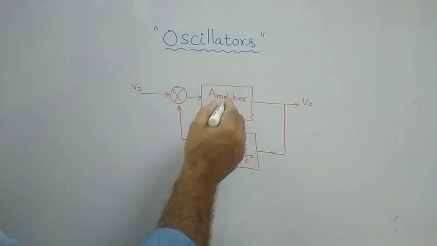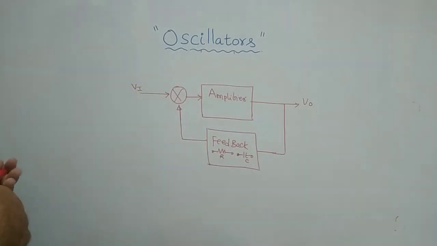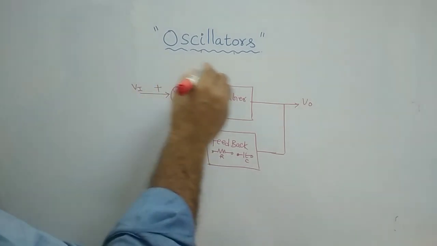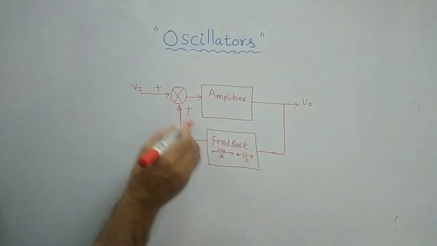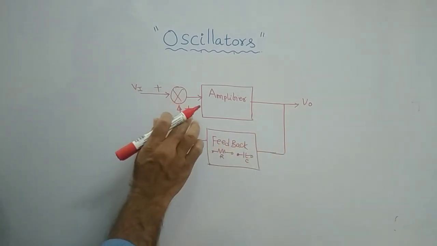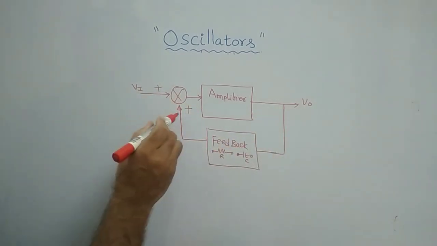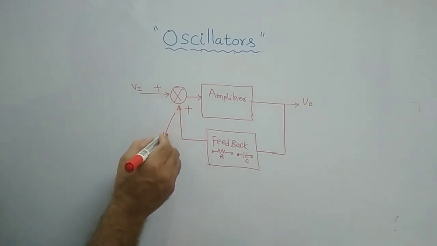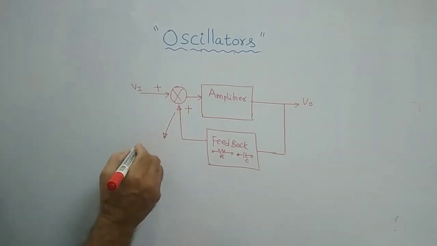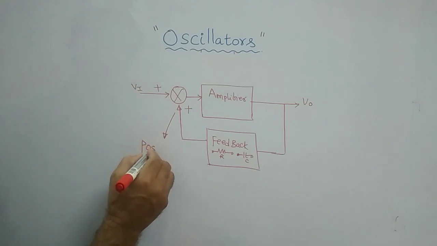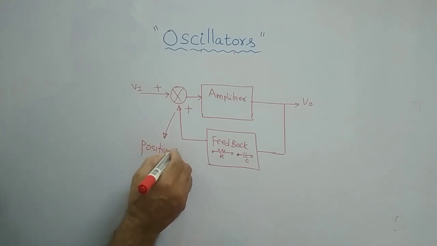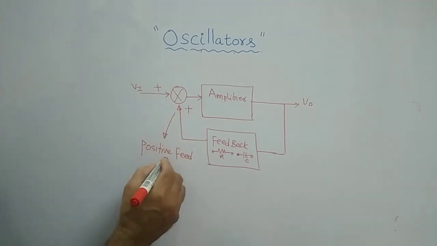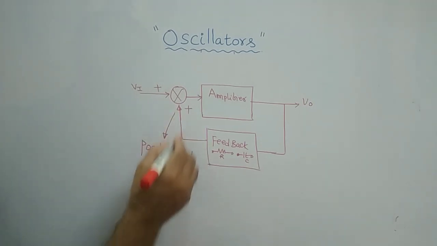In this amplifier, it is positive feedback. Always remember, as we are studying oscillators, this plus sign indicates positive feedback. If you give negative, then it is called negative feedback.